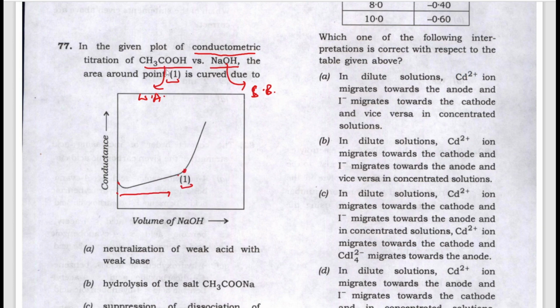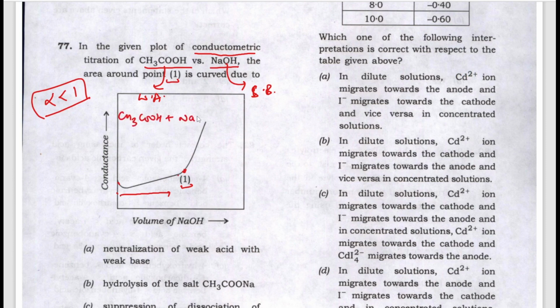Because we know that acetic acid is a weak acid and its degree of dissociation is less than 1. With increasing base, it will dissociate, and with dissociation sodium acetate is formed, which is highly ionized, and that's why conductance begins to increase up to this point.